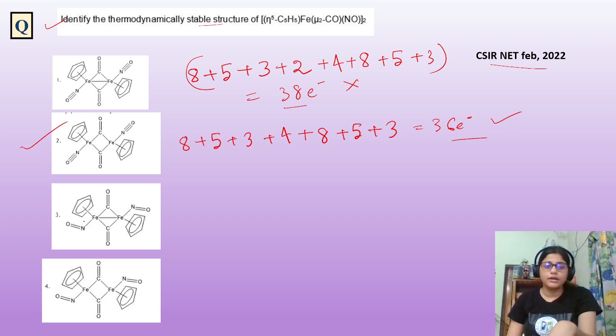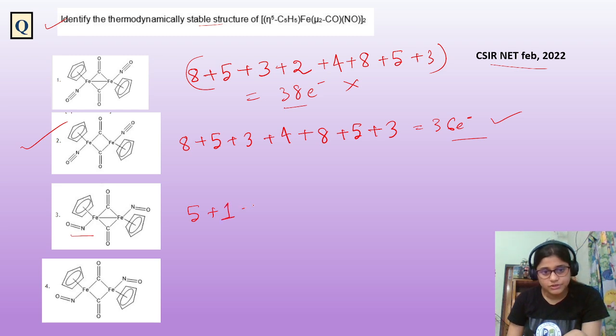Let's just see one other option. So 5, and here no linear NO is present. So bent NO means 1 electron.